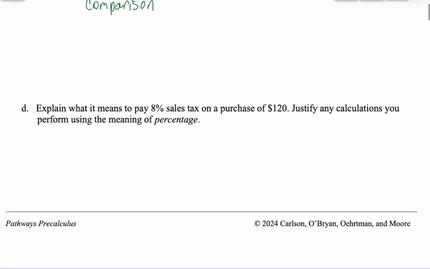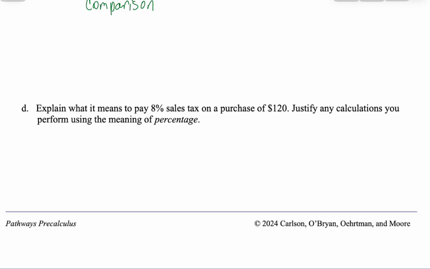Okay. Now in part D, it says explain what it means to pay 8% sales tax on a purchase of $120. Justify any calculations you perform using the meaning of percentage. So an 8% sales tax means that for every dollar that we purchase, we're going to add on 8 cents.